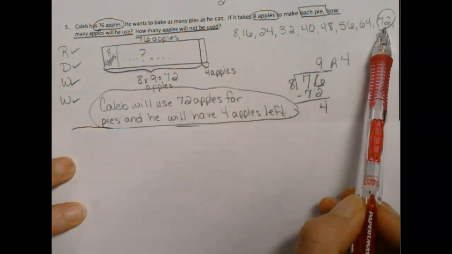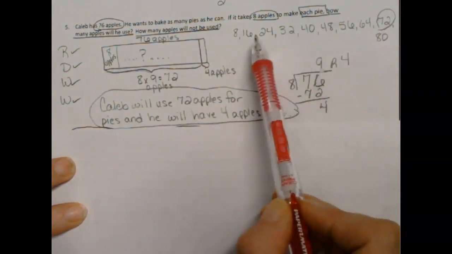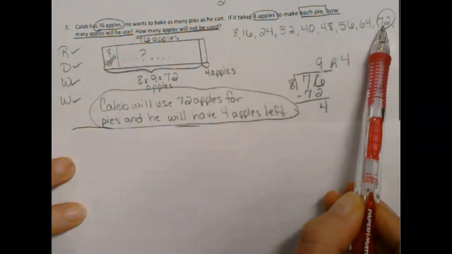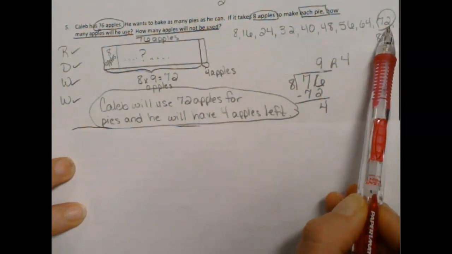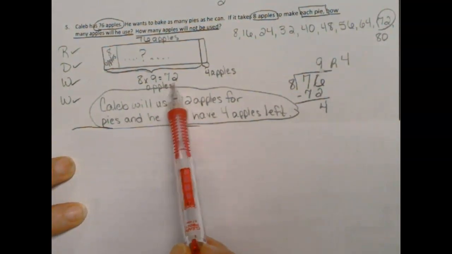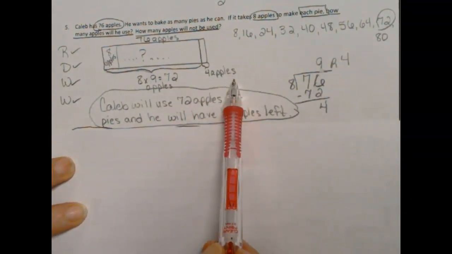So by the time I got to my multiples of 9, I knew that 1, 2, 3, 4, 5, 6, 7, 8, 9 pies were going to use 72 apples. So 8 times 9 is 72 apples, and there were 4 apples left.